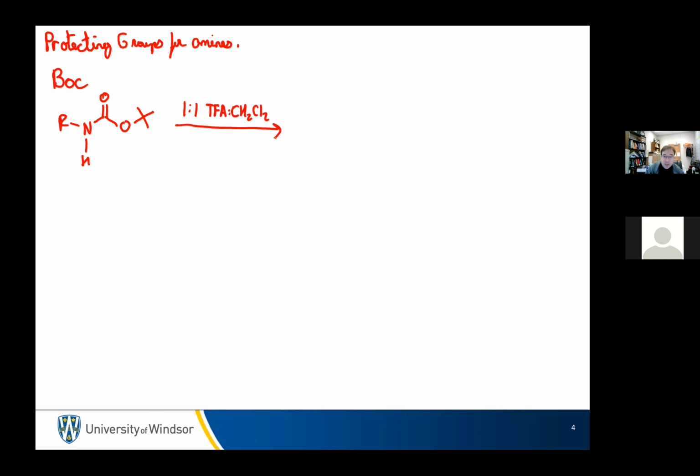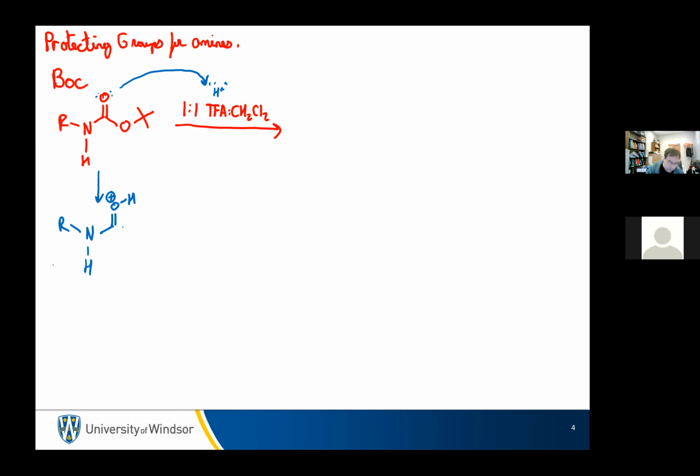And so mechanistically what's happening here is we're able to attack the H plus from the TFA. We'll walk around underneath it and come back up on the other side with the product.